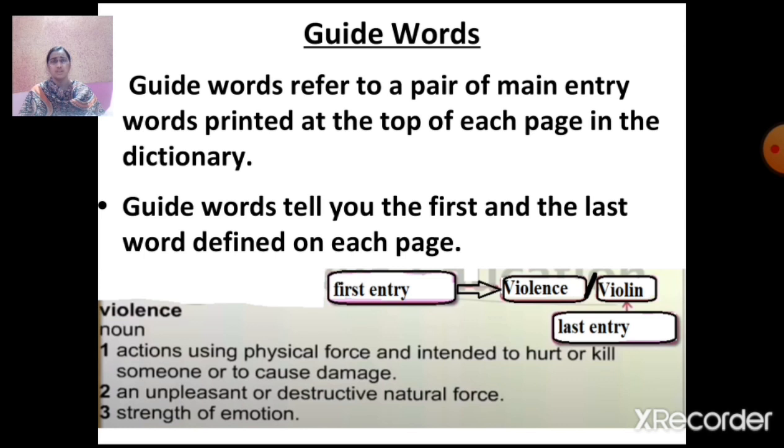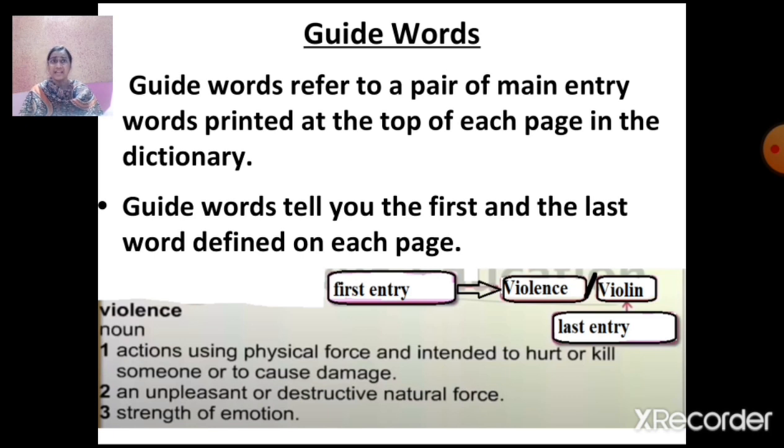The guide word appearing on the left hand side refers to the first entry on that page. Then the guide word appearing on the right hand side refers to the last entry on that page.